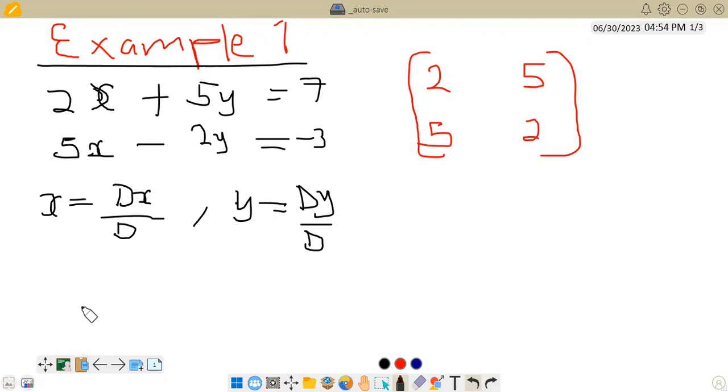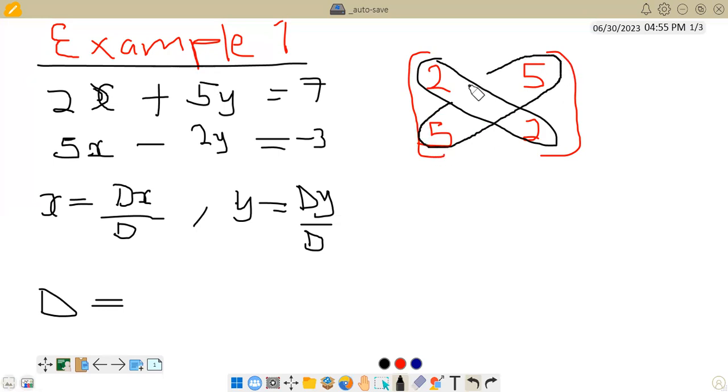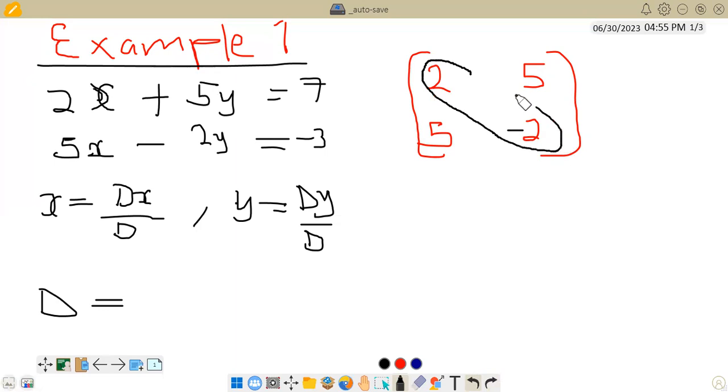So to find the d, which is the determinant, it will be 2 times 2 minus 5 times 5. So the 2 here is negative. We forgot to include the negative, so this one is negative. So it will be 2 times negative 2 minus 5 times 5.